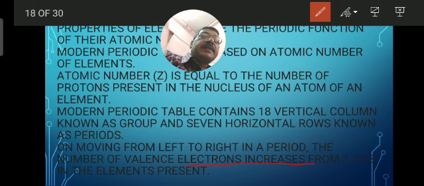In these cases we will find that there is an increase of the valence electrons by 1 while moving from left to right. In the valence shell, the number of electrons is increasing by 1.